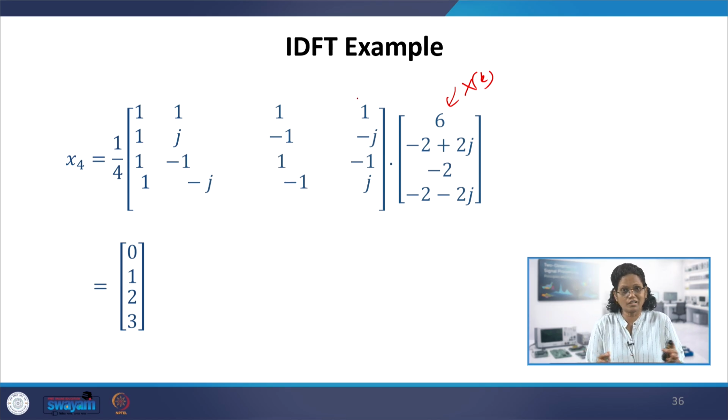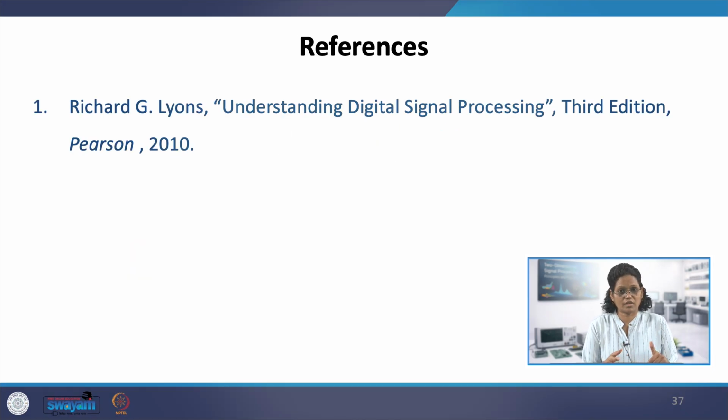But if the order of the twiddle factor matrix increases, it would be very tedious to compute the twiddle factor matrix and go on to actually compute the DFT for real-time sequences. So what we have seen in this one-dimensional discrete Fourier transform is how we interpret the magnitude and phase spectrum using this 1D DFT, the basics of this 1D DFT, as well as how we look at this DFT as a linear transformation with the help of the twiddle factor matrix.